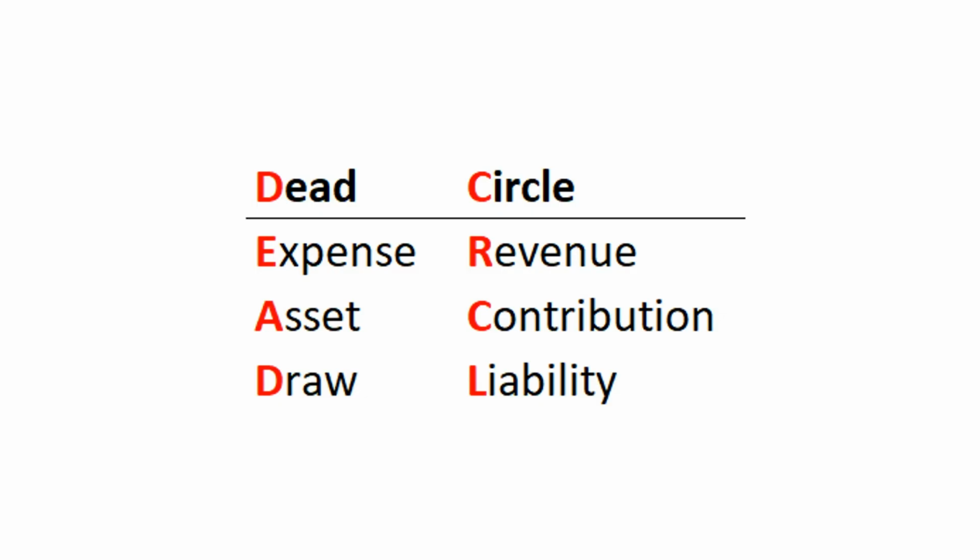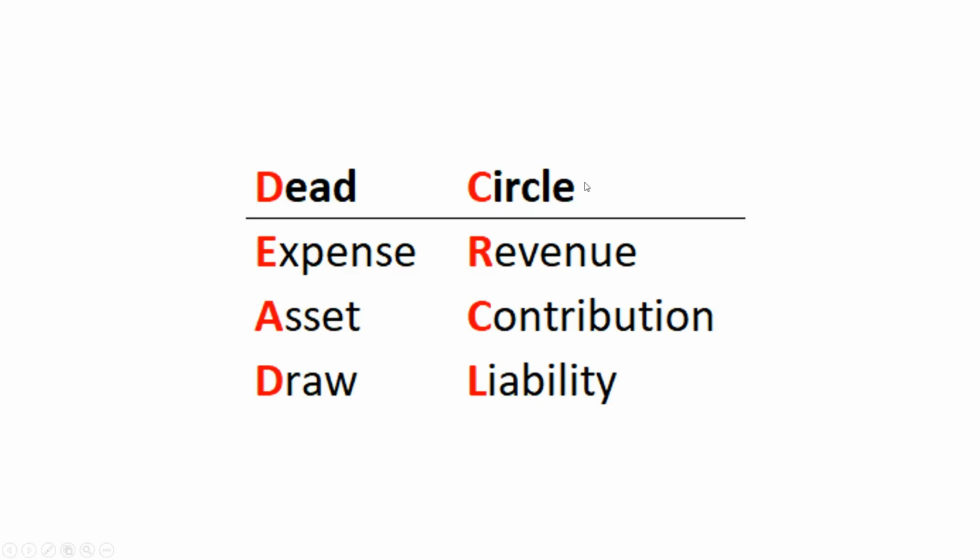And because there's only 2 options, either increase or decrease, if you know the increase, then as long as you know, for example, that an asset increases with a debit, by logic, that also tells you that an asset decreases with a credit. So it's kind of a binary system where there's only two options, increase or decrease.